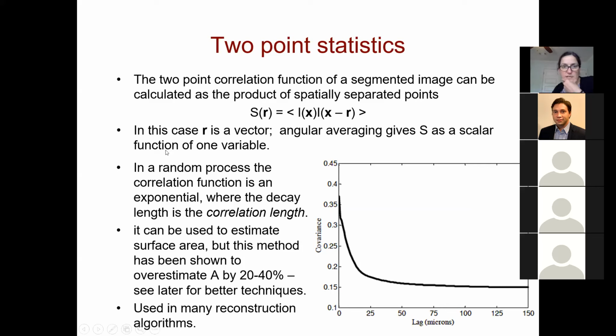It's been traditionally used a lot to analyze images, but it's not always easy to interpret. So I tend not to rely on two-point statistics. I would use it only if it's needed for three-dimensional reconstruction, which is a topic that is too advanced for our purposes in this course.